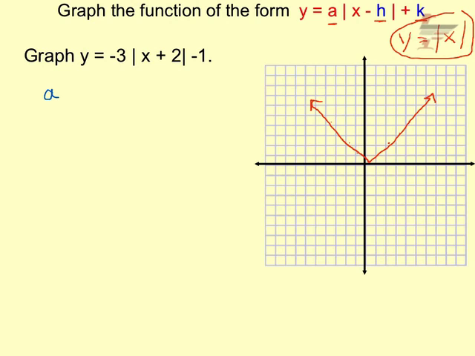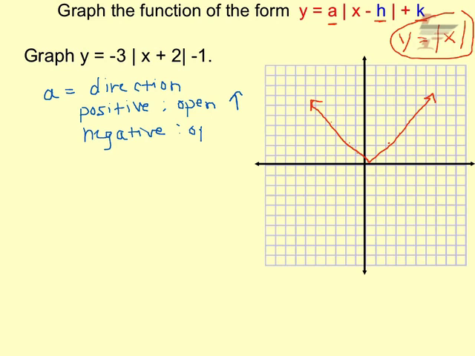So a is going to tell you if your absolute value function opens up or down. So it's directional for sure. More specifically, if you have a positive a value, it's going to open up. And if you have a negative a value, it's going to open down. That's pretty straightforward. However, what a also does is it controls your width.